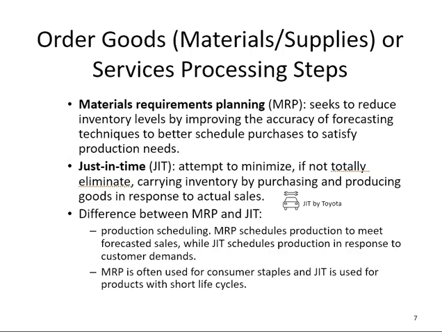We have some new approaches. The materials requirements planning, MRP approach. This approach seeks to reduce inventory levels by improving the accuracy of forecasting techniques to better schedule purchases to satisfy production needs.